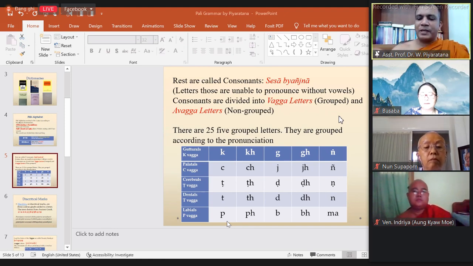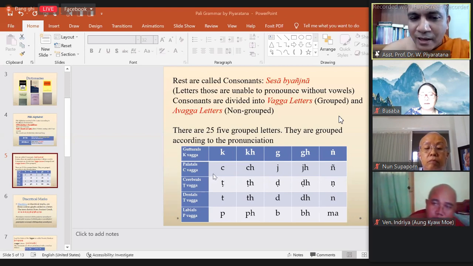And the last group, these letters we call nasal: nga, nya, na, na, ma.